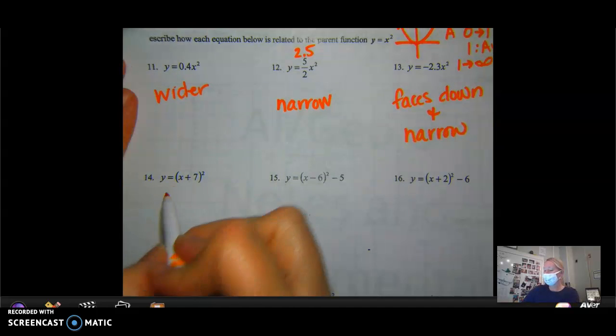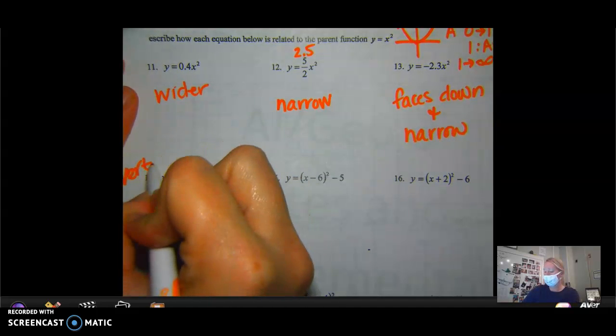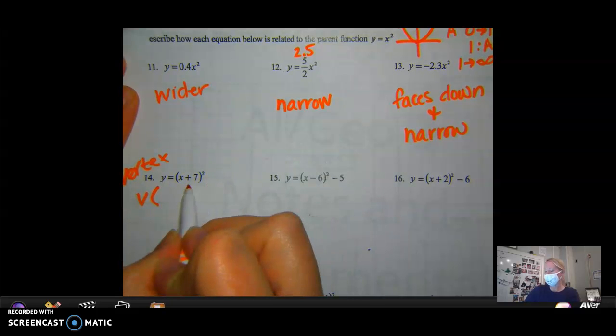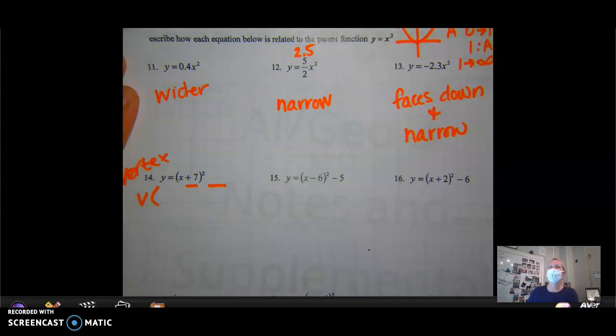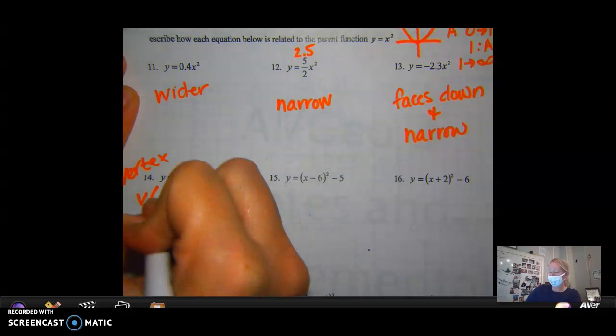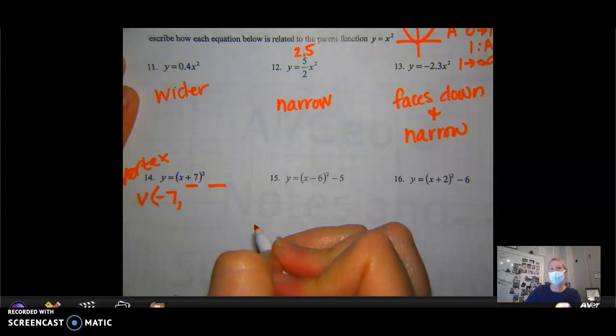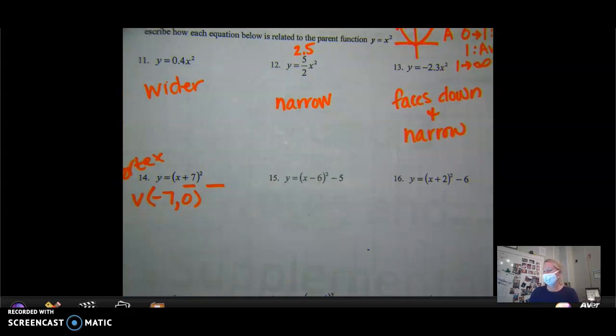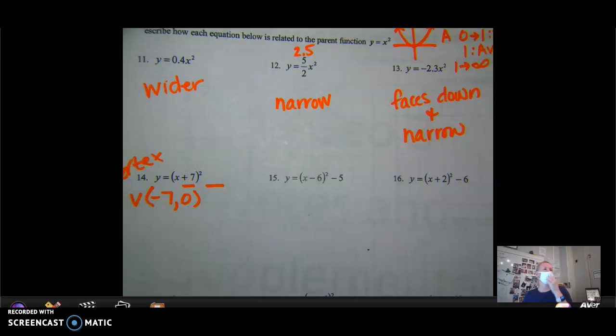Okay. This next one is in vertex form. What is the vertex here? What, comma, what? Negative 7, comma, what's at the end? 0. Is this one facing up or down?